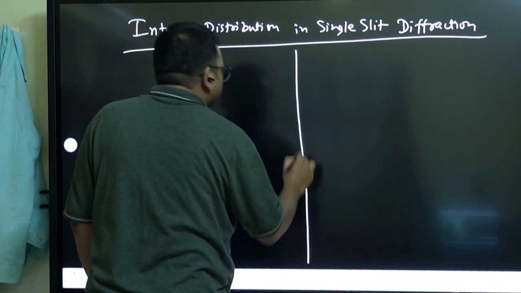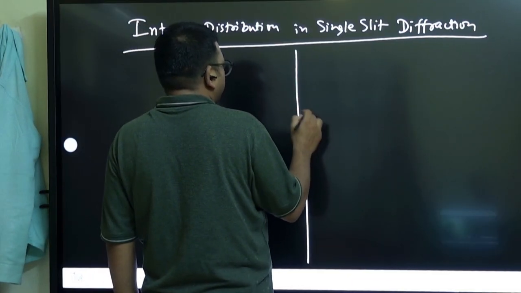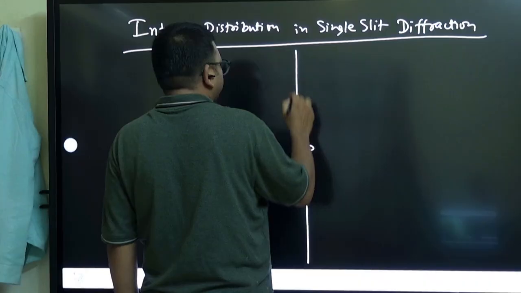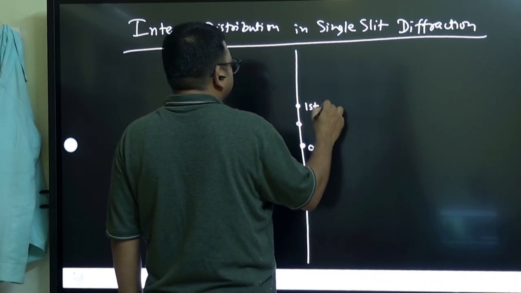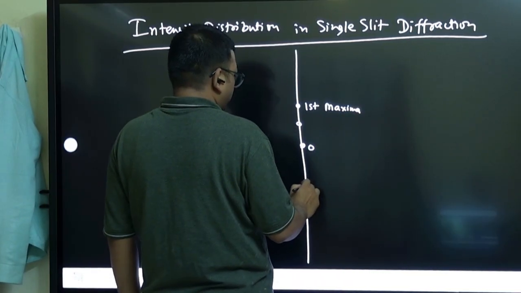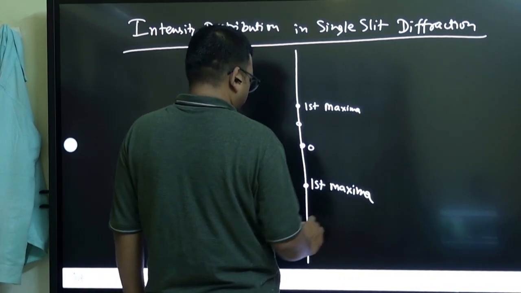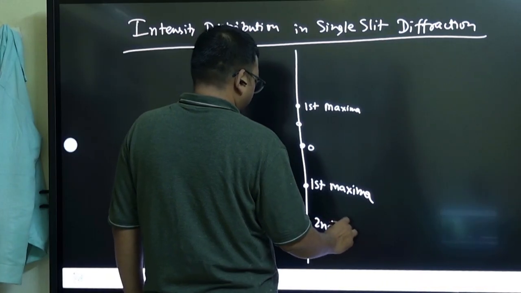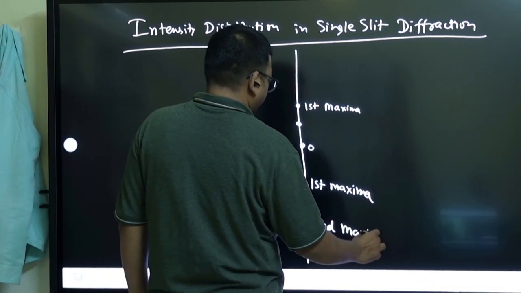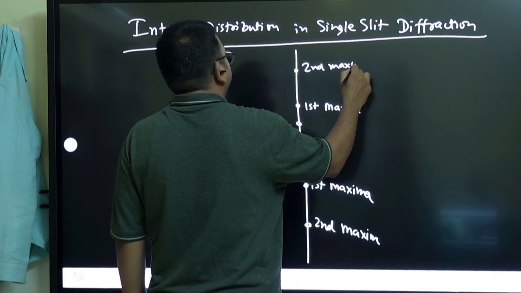On this axis, take 0 and then minima and maxima. Let us say the first maxima here, and here also the first maxima, then the second maxima here and here also.